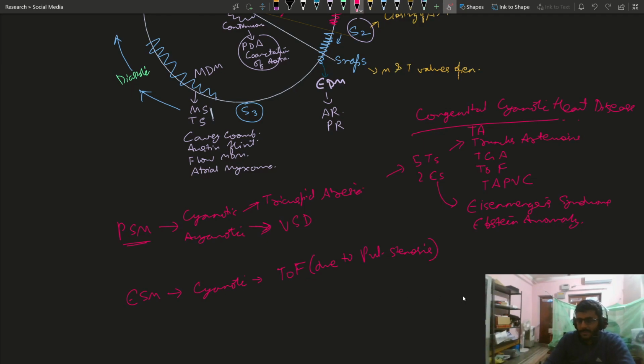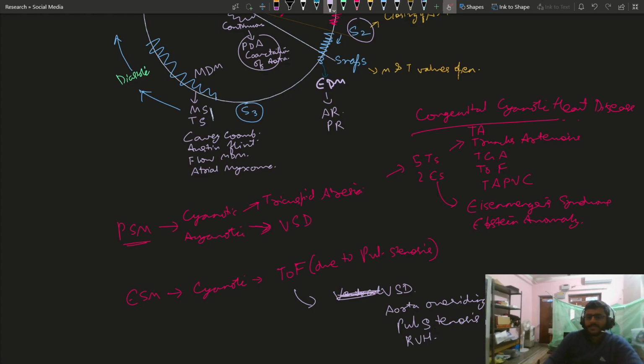You know, right? In tetralogy of Fallot, let's just discuss this quickly, you have 4 conditions. You have a ventricular septal defect, aorta overriding, pulmonary stenosis, and right ventricular hypertrophy.